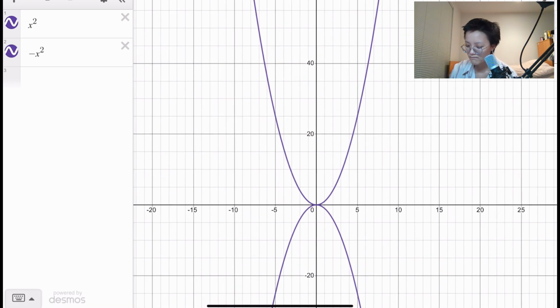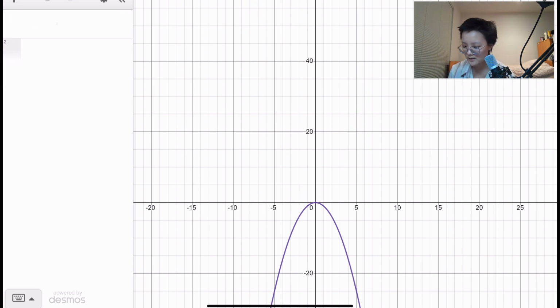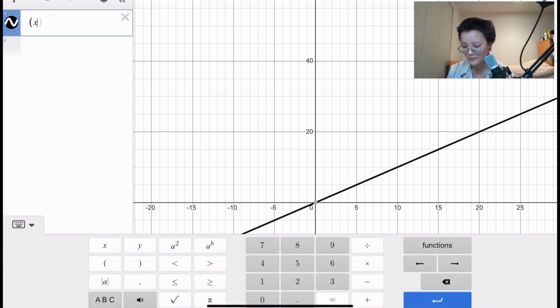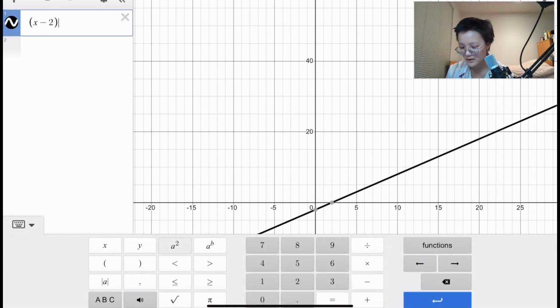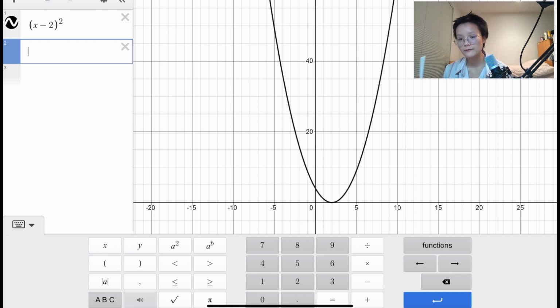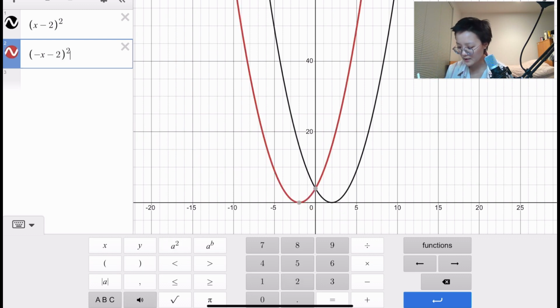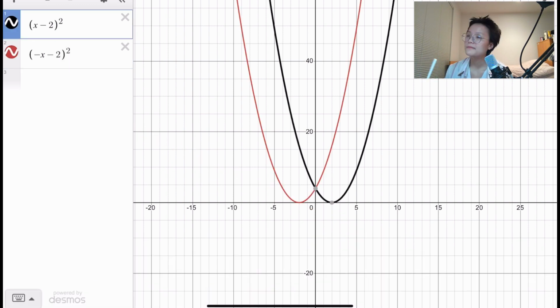This is not a good example for the reflection in the y-axis, since this is symmetric around the y-axis. Let's have perhaps x minus 2 as an example. If we want to reflect it in the y-axis, we just add a minus in front of x.